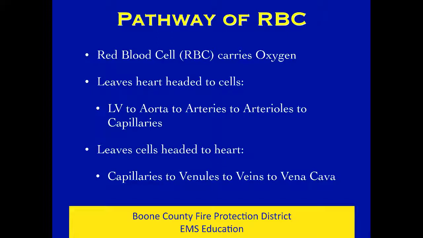Capillaries kind of form together, and the smallest of the vessels on the venous side are called venules. They're simply tiny veins. And they become larger and larger and become veins, and the veins all dump into the vena cava. So you have the aorta, and its counterpart on the venous side is the vena cava. You have arteries, and their counterpart on the venous side are veins. You have arterioles, and their counterpart on the venous side are venules, and everything ends in capillaries.